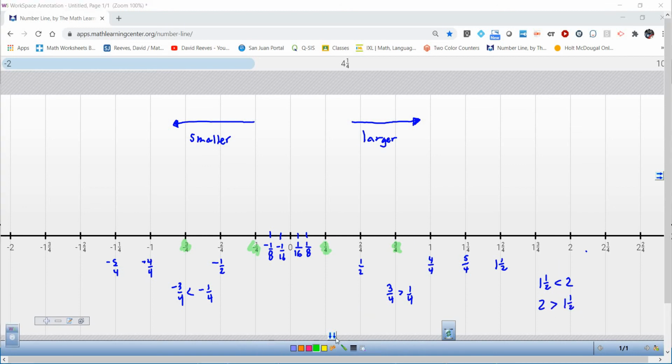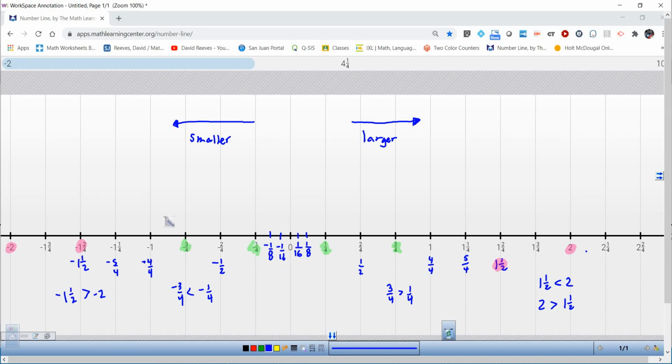Let me do a different color over here just to show these ones. Here is 1 1/2, and here is 2. So 1 1/2 is smaller than 2, or we could say 2 is bigger than 1 1/2. But if I were to come over here and highlight those ones, and right here is -1 1/2, and I asked you to compare -1 1/2 to -2, then -1 1/2 is actually bigger, because it's further to the right.